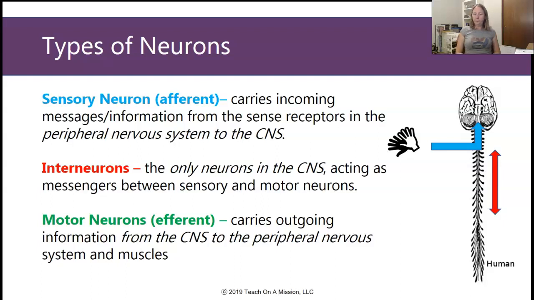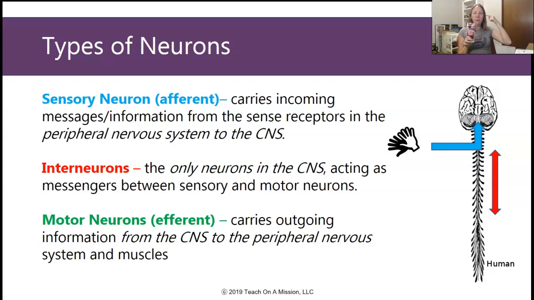So let's say my sensory neurons see Bucky Badger here, and it's just sitting on the table. And my eye sensory neurons tell my brain, oh look, there's a bobblehead doll. I want to flick it and make it wiggle.